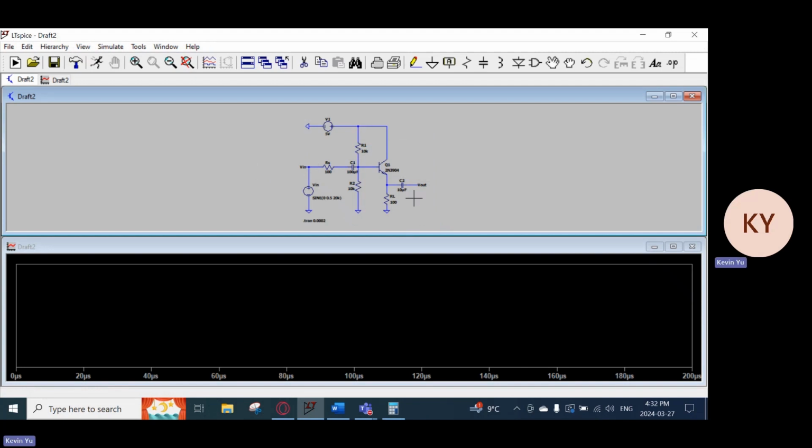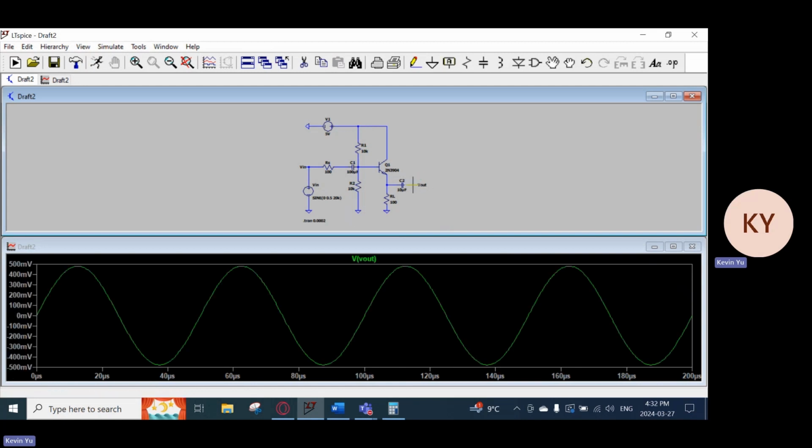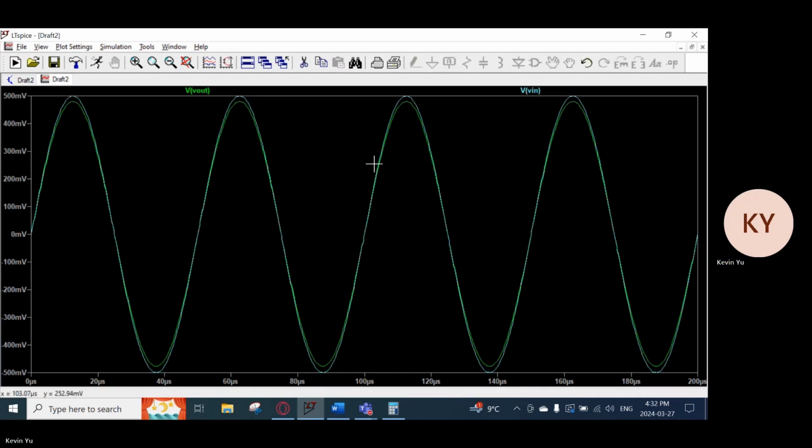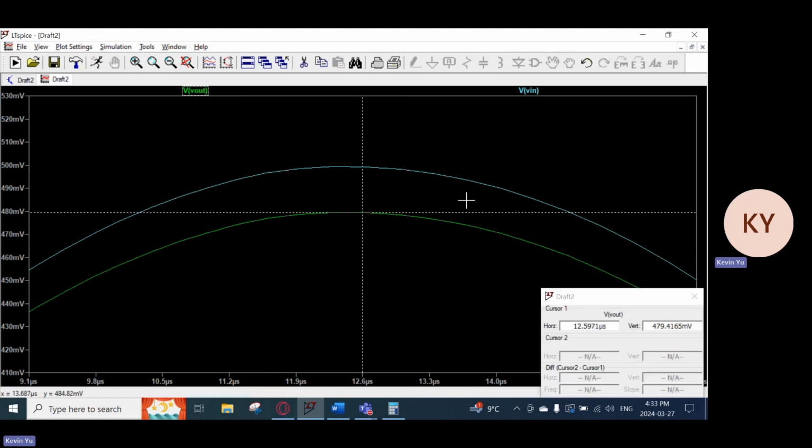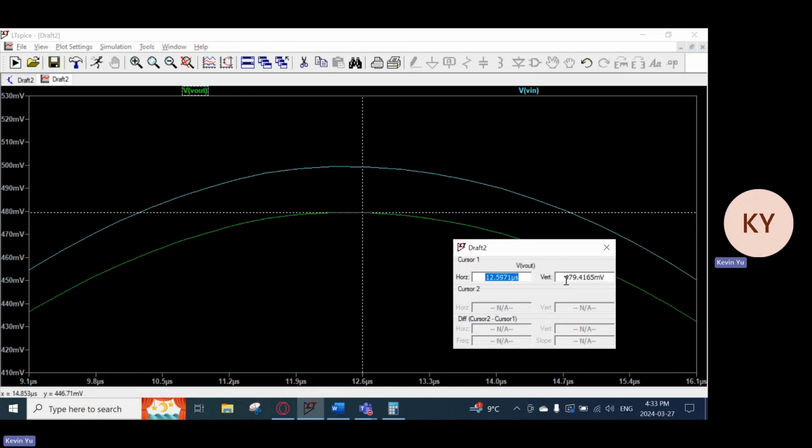The formula for voltage gain is Vout over Vin. So we have Vout over here as a sine wave, and then we have Vin, which is a 0.5 volt sine wave as well. And as you can see, Vout is a little bit smaller than Vin. To calculate gain, let's first use cursors. Vout, as shown here, is 479 millivolts.